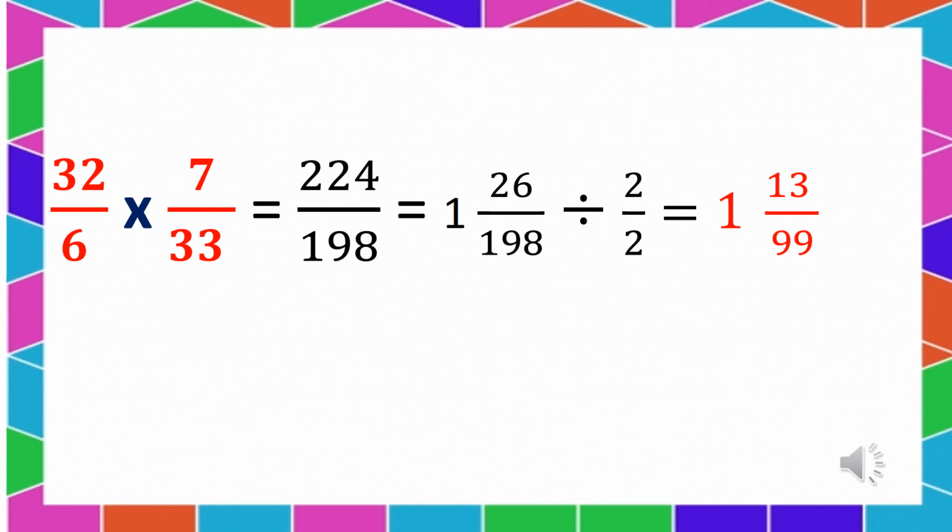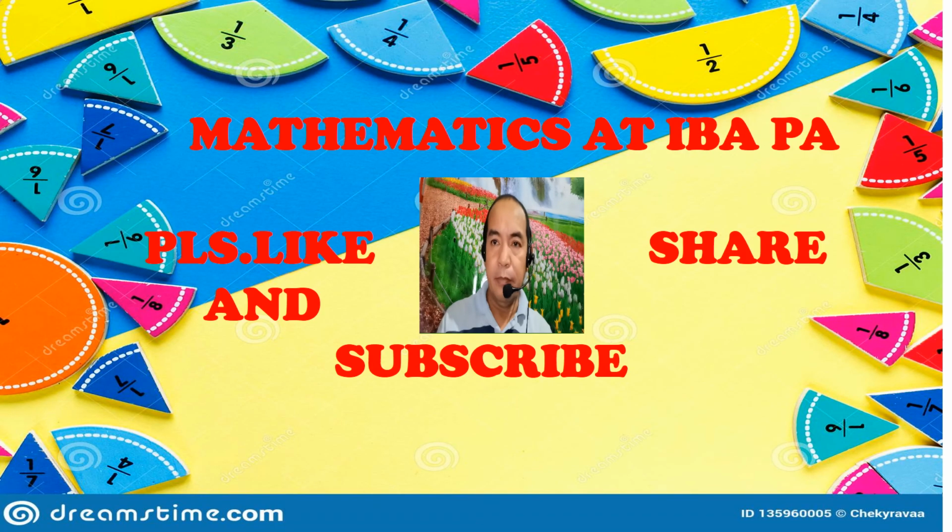We will divide 26 by 2, we have 13. 198 divided by 2 will give us 99. And these two numbers can no longer be reduced. So this will now become our final answer. So we have 1 and 13 over 99.